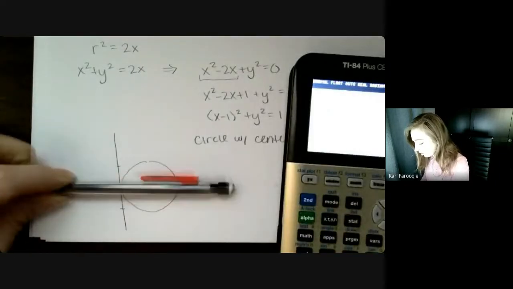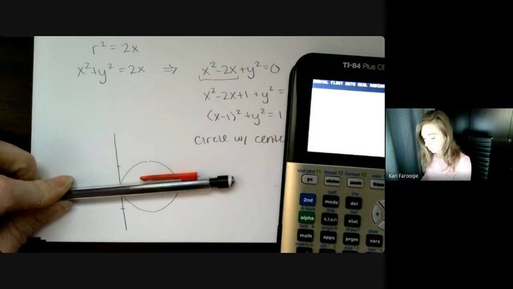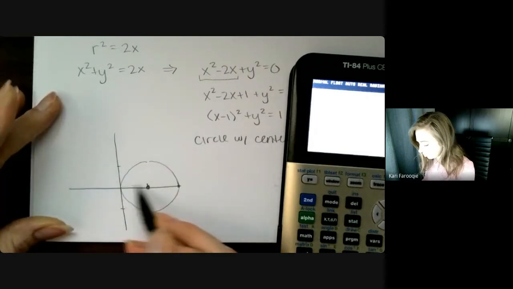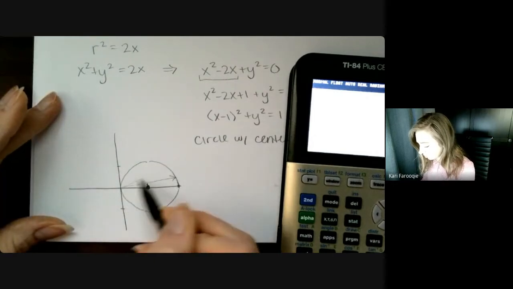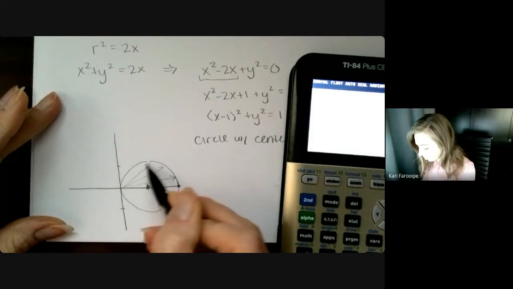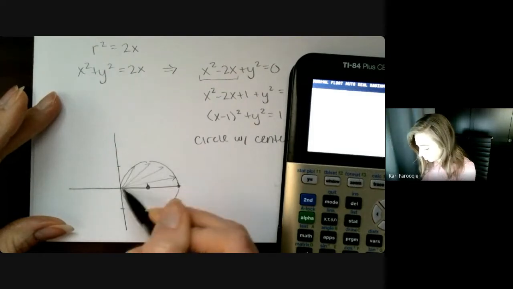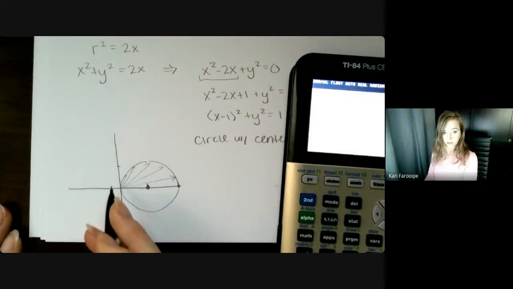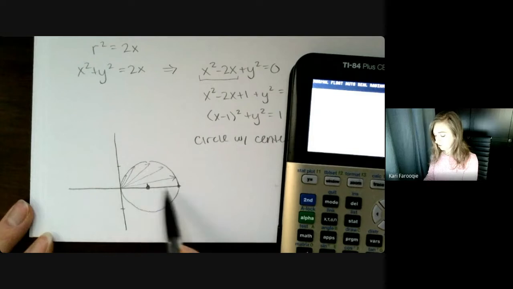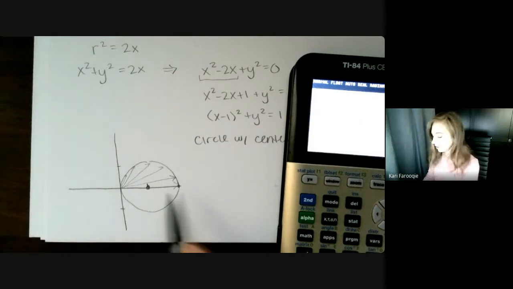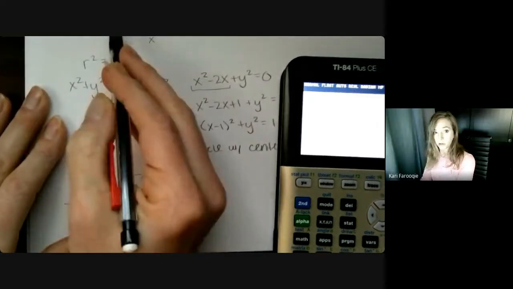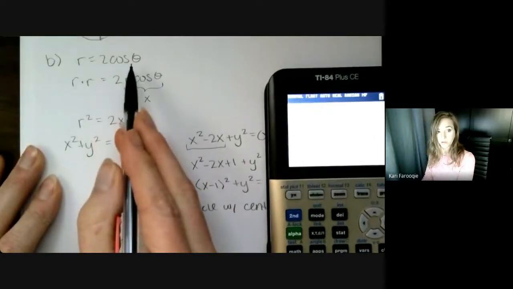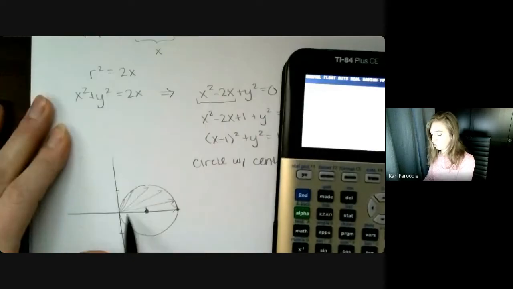I'm going to start out looking at what's happening at 0, and I'm going to work my way all the way up, and these angles are going to get larger and larger, and we're going to see that eventually that radius is going to go back down to 0, because the radius starts out being as large as it's going to get at 0, because the cosine of 0 is 1. In this case, our radius would be 2 there. Cosine of 0 is 1, so the radius would be 2, which it is.